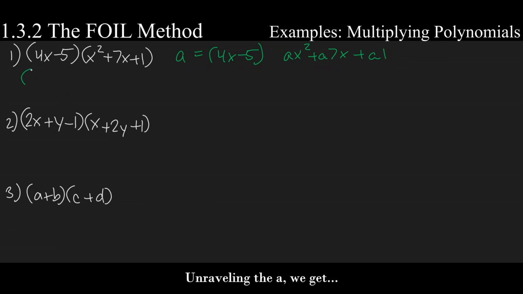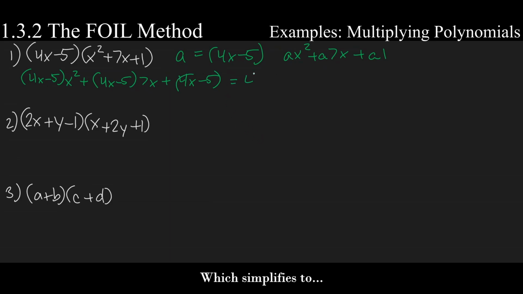Unraveling a will give us (4x minus 5) times x squared plus (4x minus 5) times 7x plus (4x minus 5), which simplifies to 4x cubed minus 5x squared plus 28x squared minus 35x plus 4x minus 5.